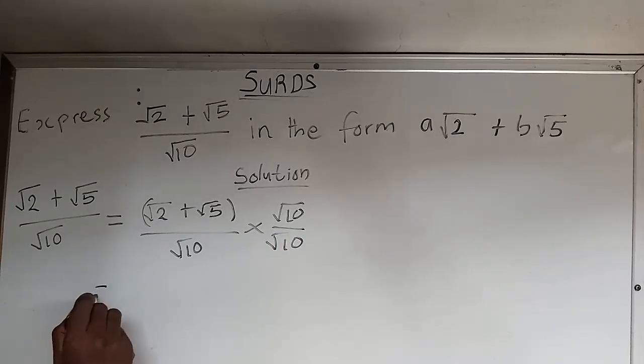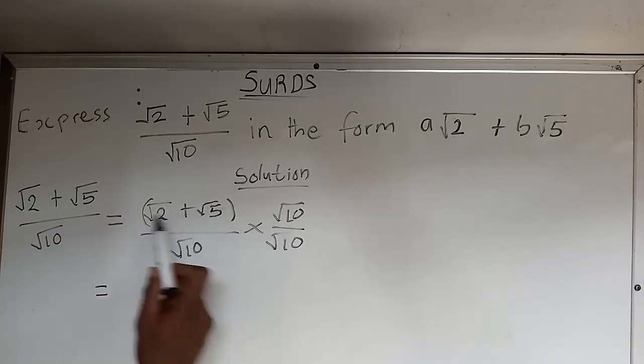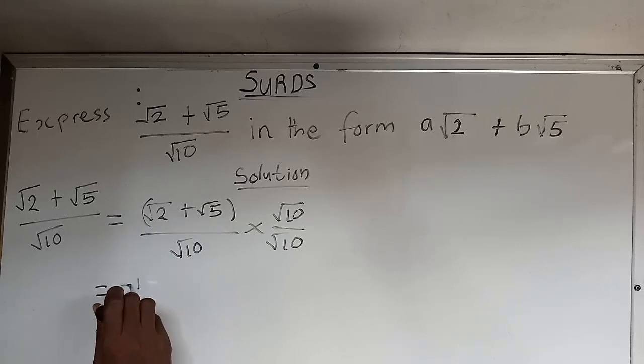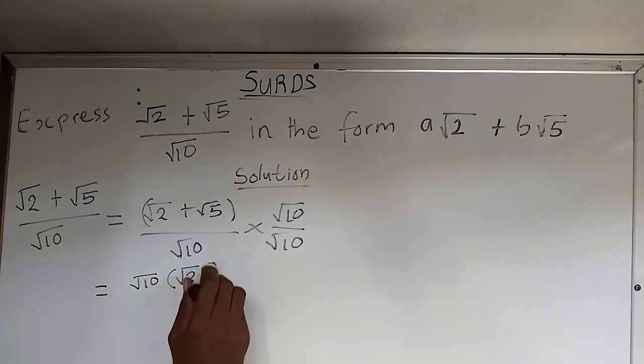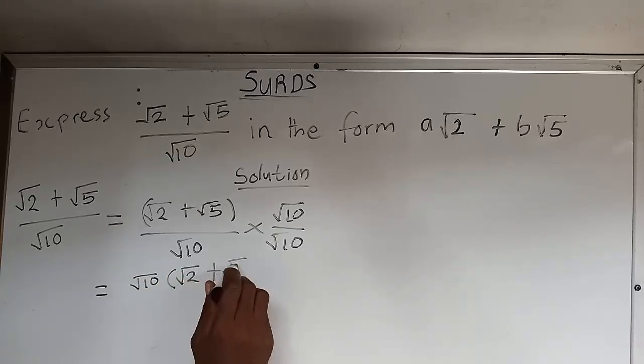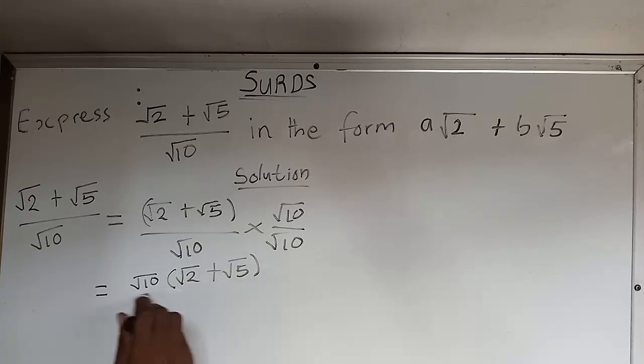Now when this happens, we obtain root 10 into root 2 plus root 5, all over root 10 times root 10, which is 10.